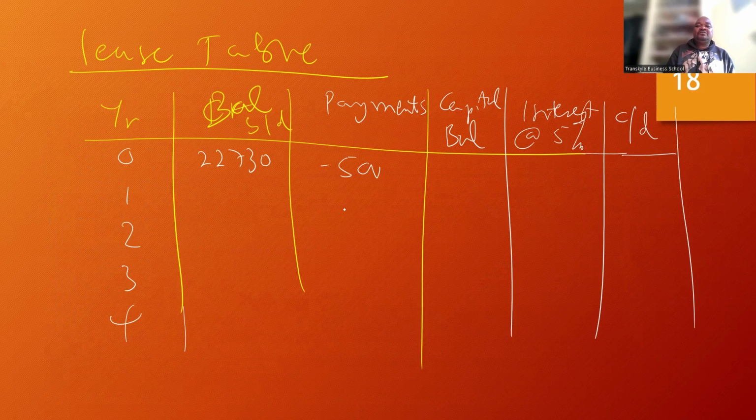So we deduct 5,000 from that amount to reduce the liability. That's 22,730 minus 5,000, which is 17,730. Then we subject that amount to 5% interest cost or finance cost. So we come to 887, and this amount increases the capital balance from 17,730 to 18,617.